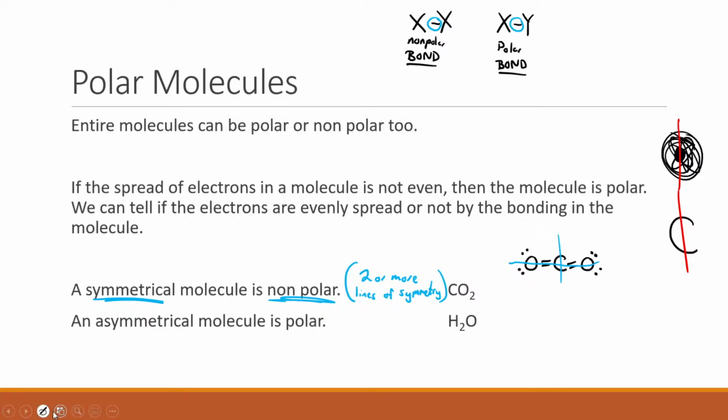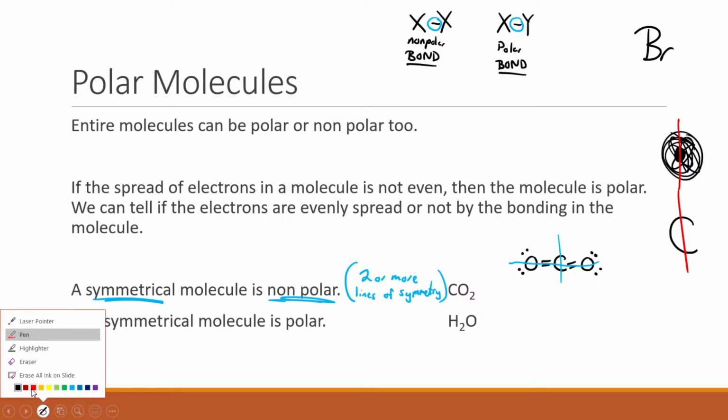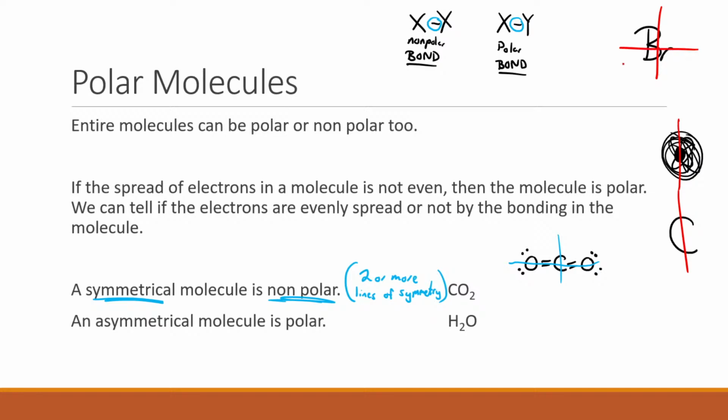Same thing goes for things like bromine. If we draw a Br, bromine is not symmetrical in any way. There's no classical line of symmetry in the letters B and R. But if you drew these two lines of symmetry representing the bromine atom, you would be correct.